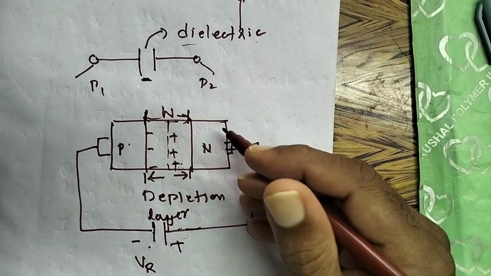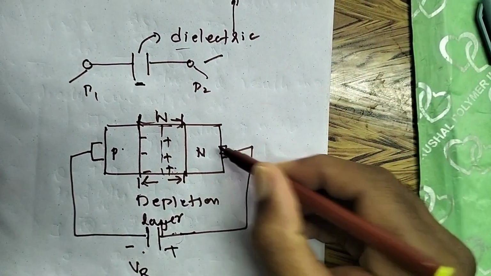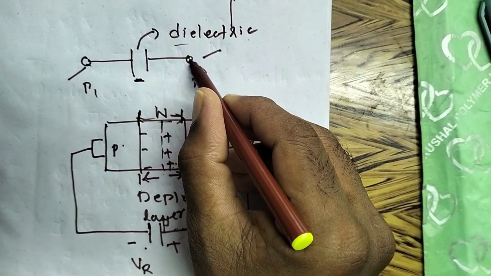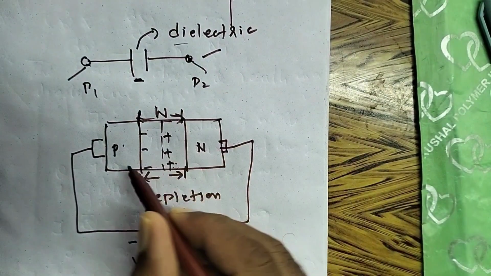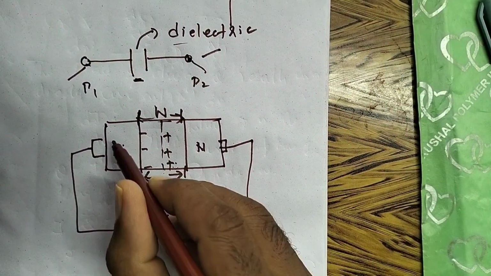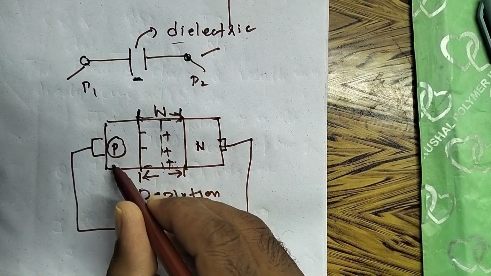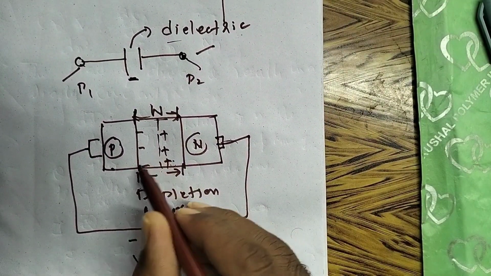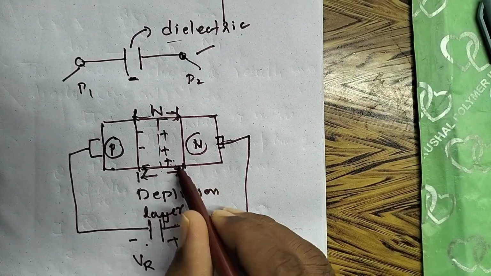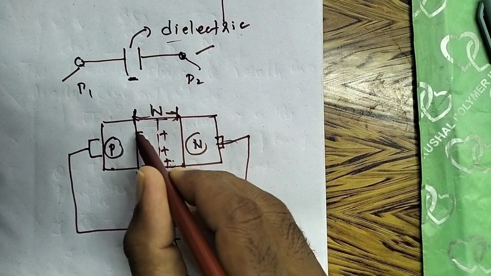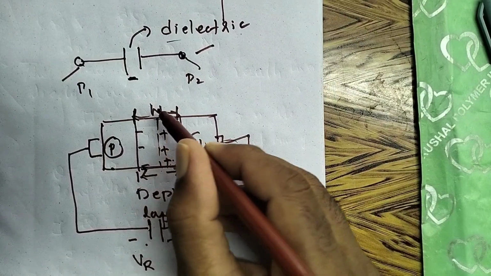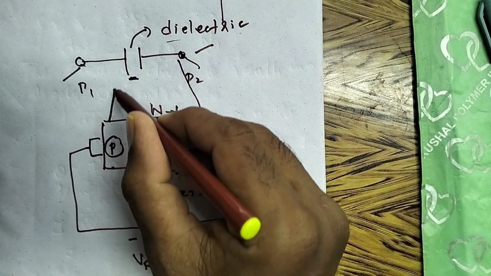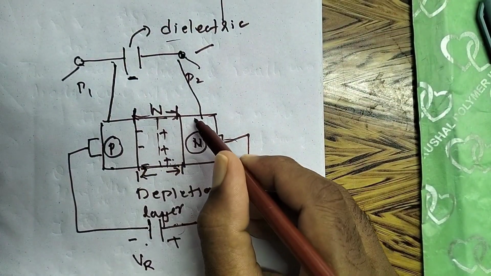Now just look at this capacitance and this reverse biased PN junction. This has two conducting materials. Similarly, in the reverse biased PN junction, this is P type conducting material and this is N type conducting material, and across the junction there is a depletion layer whose width is W. So compare the conducting material of this plate and of this plate; both are equal.